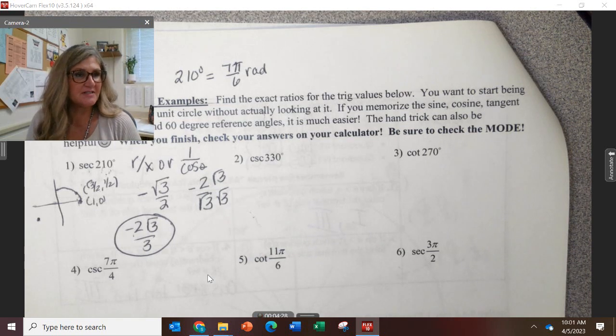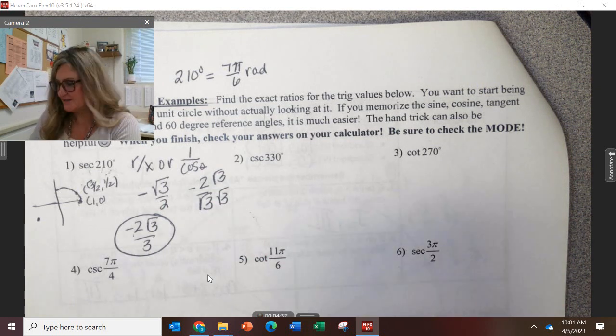Brooke, do you know what it is? Do you guys agree with negative 2? It's correct.